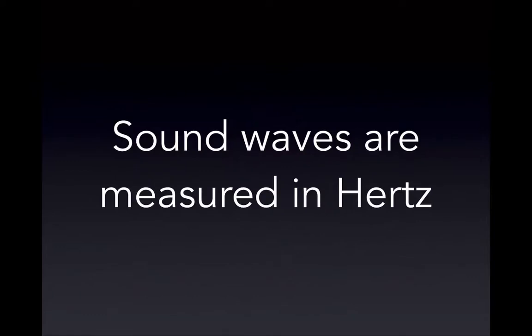So, sorry. Sound waves are measured in hertz, and that's a standard unit of measurement of frequency. It's measured in cycles per second. 1 hertz equals one cycle. And hertz is commonly used to measure wave frequencies such as sound waves, light waves, radio waves. And you have hertz, kilohertz, which are thousands of hertz, and megahertz, which are millions of hertz.